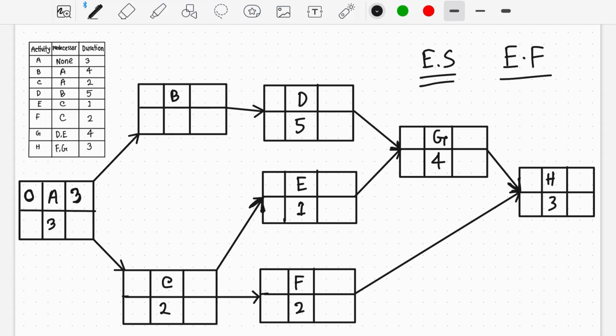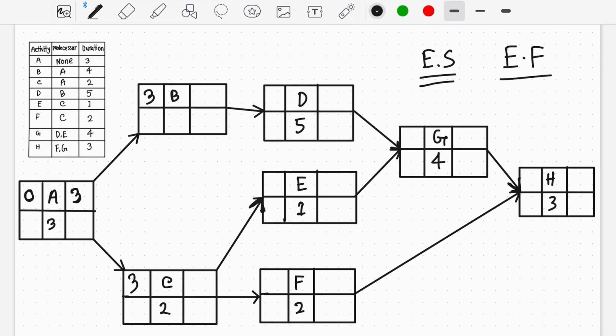Then for the B activity, B starts when the A activity finishes. A activity finishes after 3 weeks, so then the B activity will start.